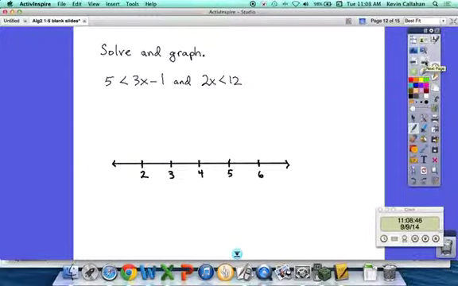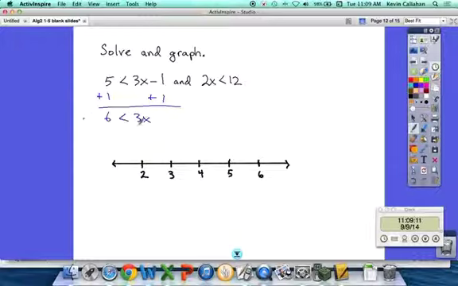And so when you get a compound inequality like this to solve, you have to solve both inequalities, right? Just like we did already. We already know about solving inequalities, so just do it twice. This one, what should I do? Add 1. So 6 is less than 3x.